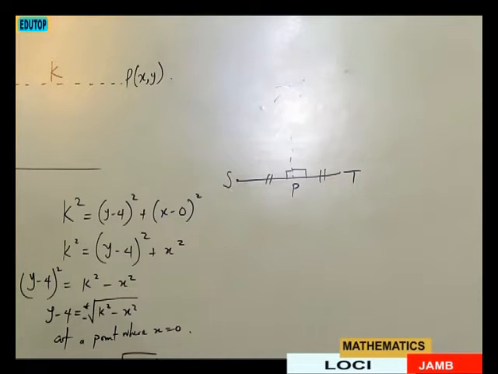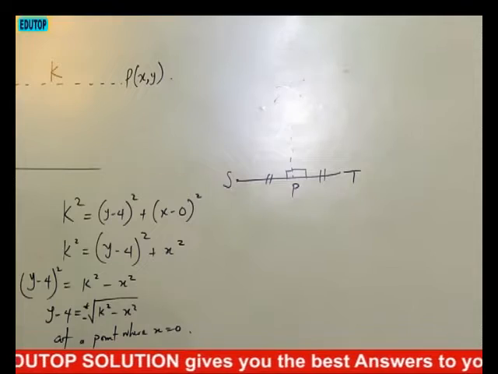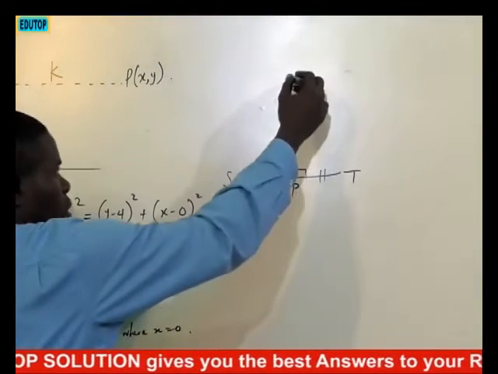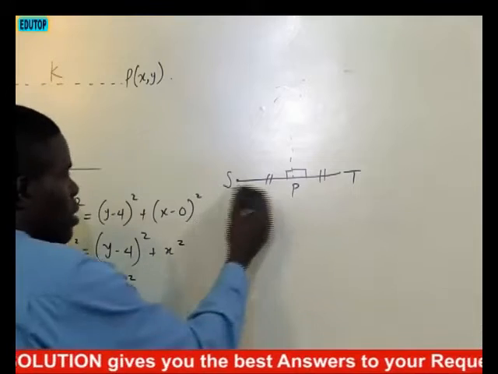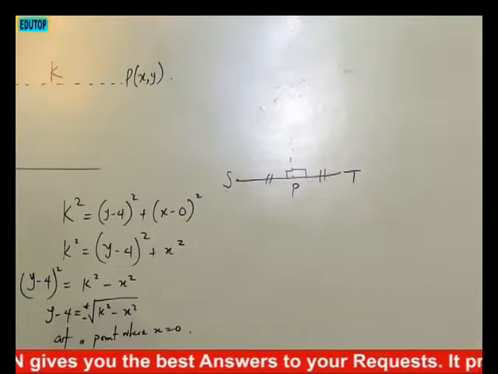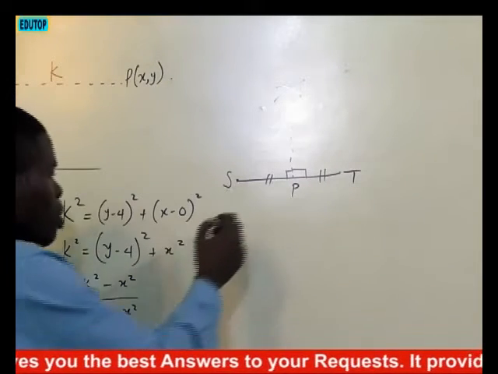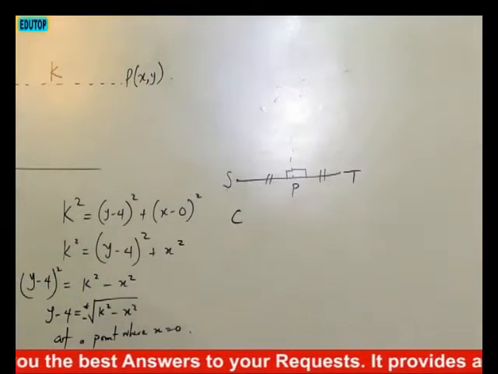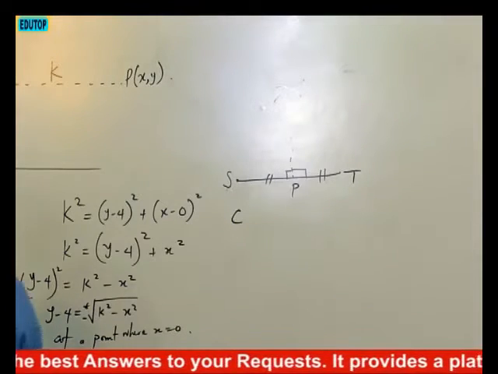The first option is the angle bisector of PS and ST. No. B, a perpendicular to ST. It's not only a perpendicular to ST. C, the perpendicular bisector of ST. That is what this is, a perpendicular bisector to this ST. So that is definitely going to be the option, because D, a line parallel to ST, no. So the answer will be option C, the perpendicular bisector to ST.